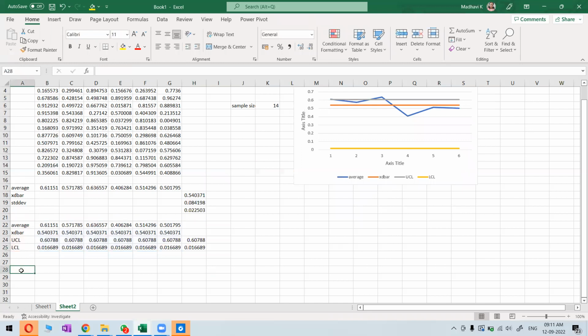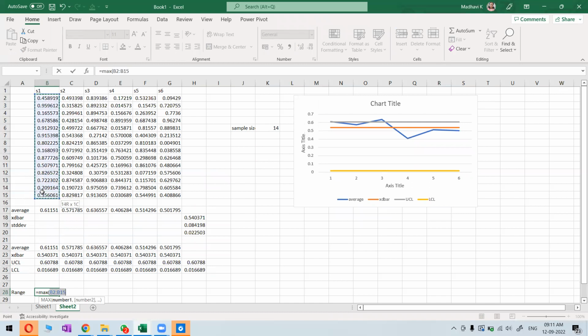Now coming to the R chart. R is nothing but range. With this range, we are going to identify the range within which the values lie. That is the maximum of the sample minus the minimum of the same sample.